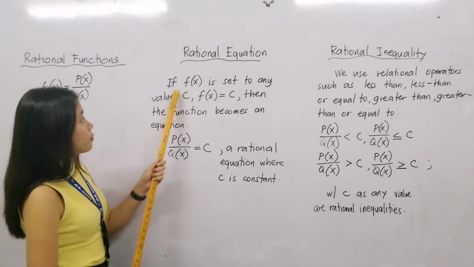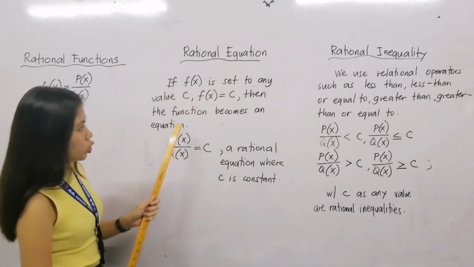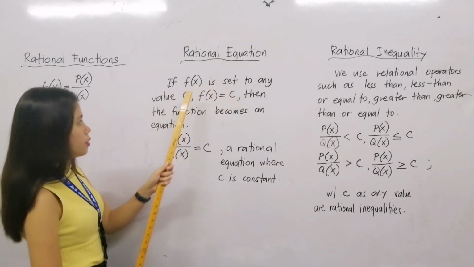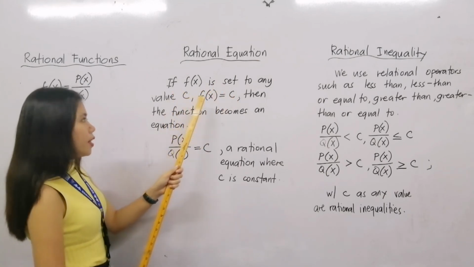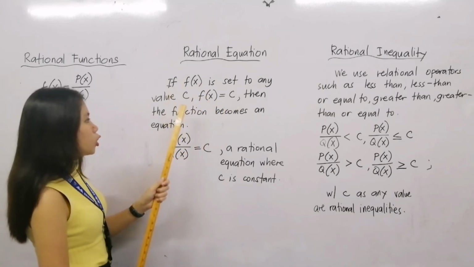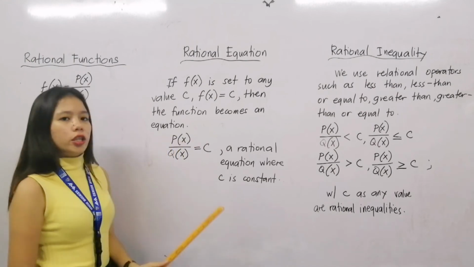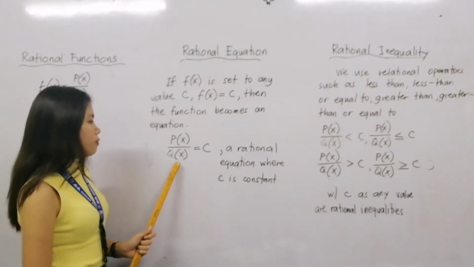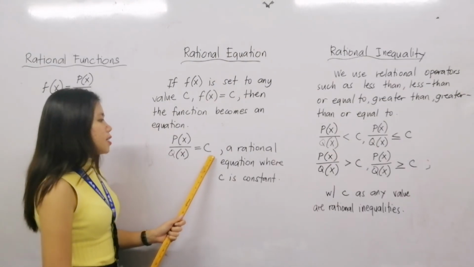We have here a particular condition. If f of x is set to any value c, then f of x is equal to c, and we're gonna have the function become an equation. So take note class, p of x over q of x equals c.